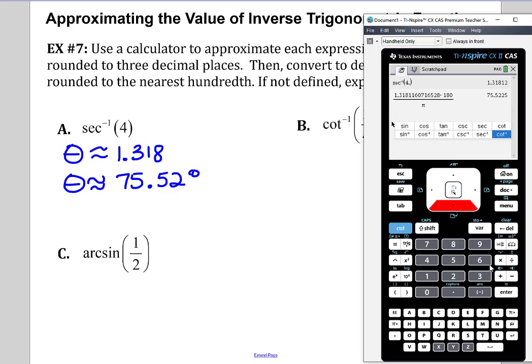The next one, cotangent inverse of 3/4, we're going to just put that as 0.75. So we got 0.927, and then converting that to a degree, multiply by 180 and divide by pi for our multiplier, and we have about 53 degrees.